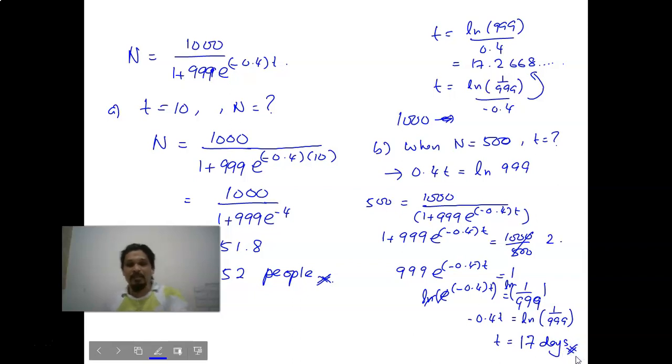Okay, so finally here, when t approaches infinity, then e^(-0.4t) approaches 0.